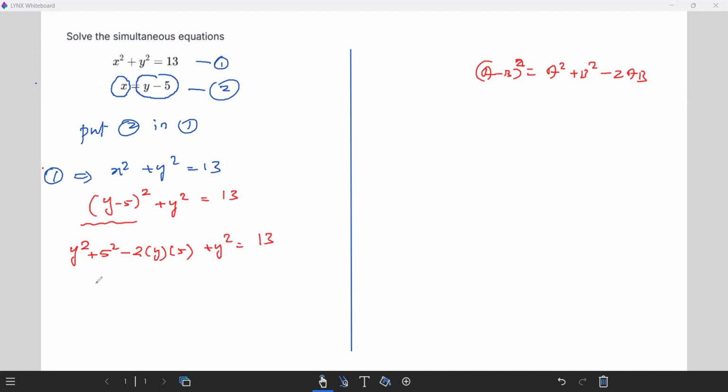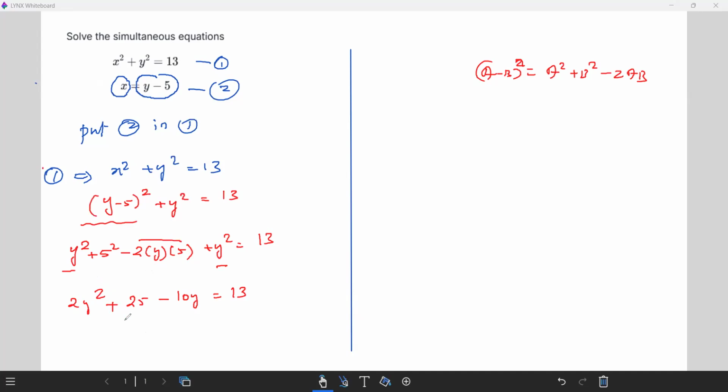And now simplify the step. So we have y squared and y squared, so 2y squared, plus 5 squared becomes 25, minus 2y into 5, which is 10y, equals 13.